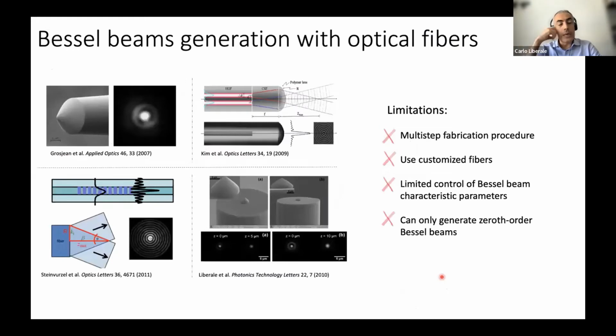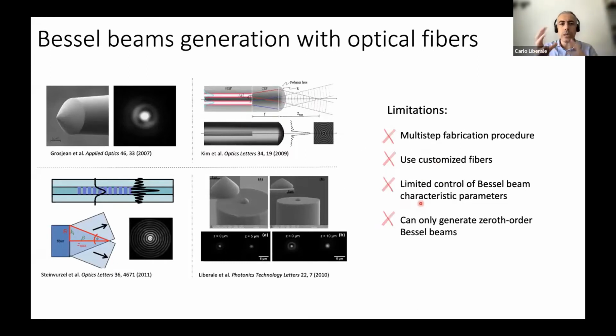So people have tried to miniaturize the generation of this beam with optical fiber, but all the approaches presented in the literature have limitations. Typical ones are multi-step fabrication, so you need to join different types of fiber. Some of the fibers you need to join are customized fibers, like ring core fibers.